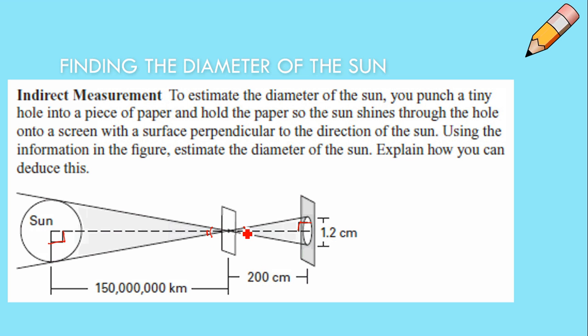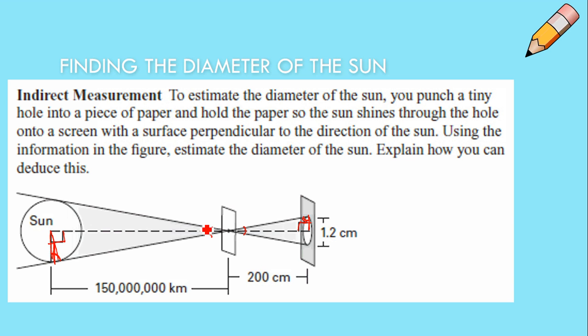The whole angle here would be congruent to that whole angle there. But we do have parallel lines here and here, right? And so we would know for certain that this angle and this angle would be alternate interior angles. So yes, we have triangles that are similar by the angle-angle postulate. And then we could solve to find that diameter of the sun.